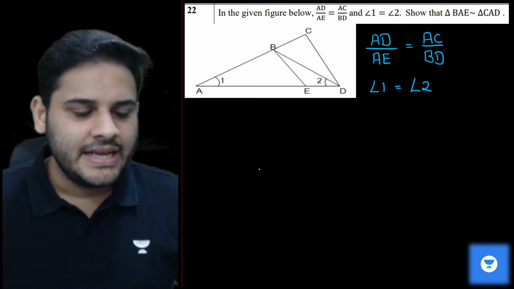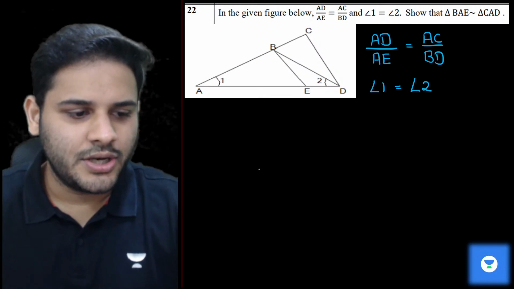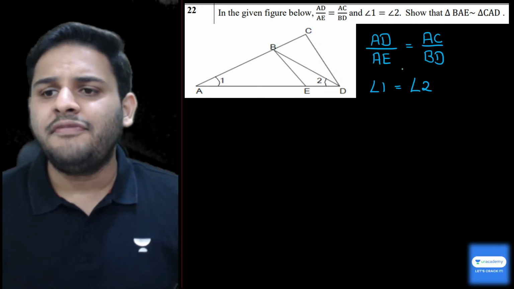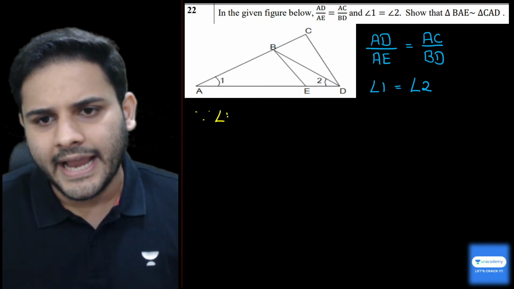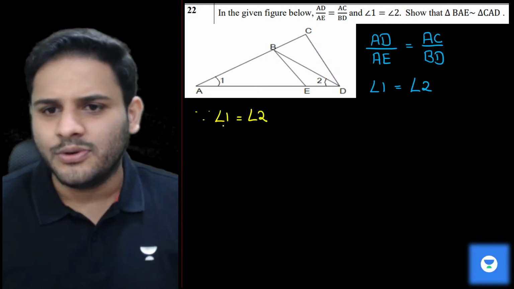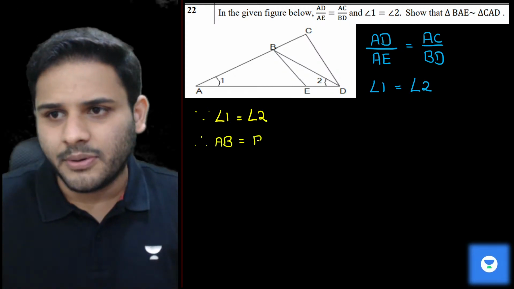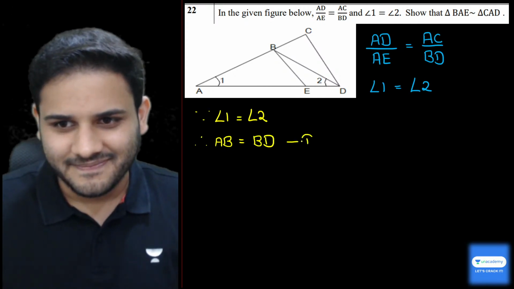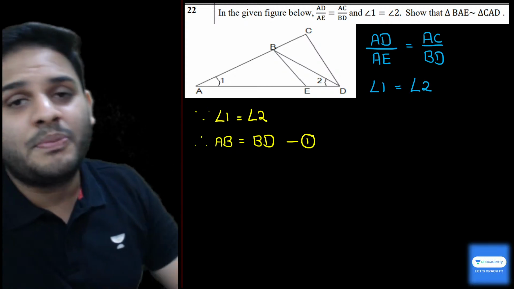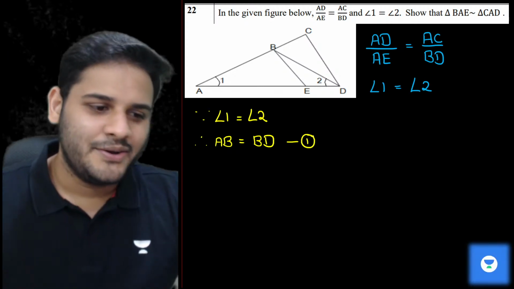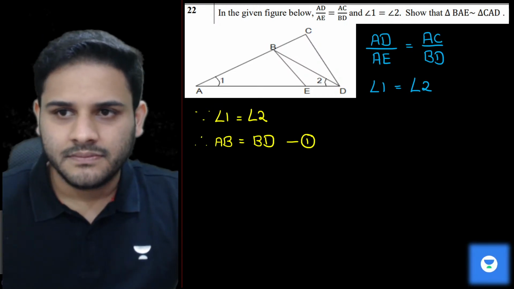So now, if angle 1 is equal to angle 2, can I say that therefore AB is equal to BD? Sides opposite to equal angles are equal. Now this is my part 1.